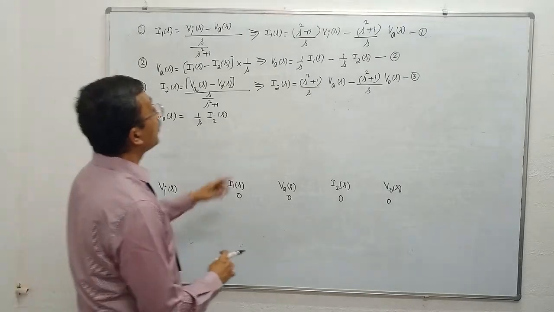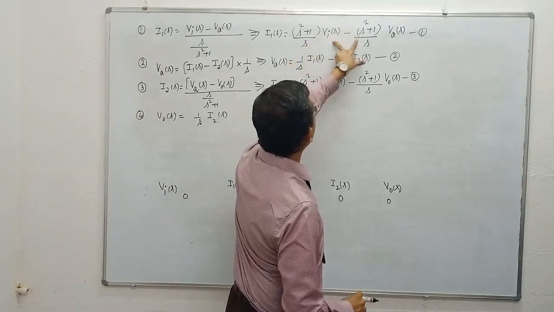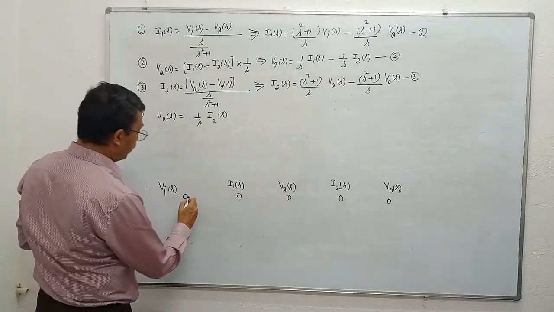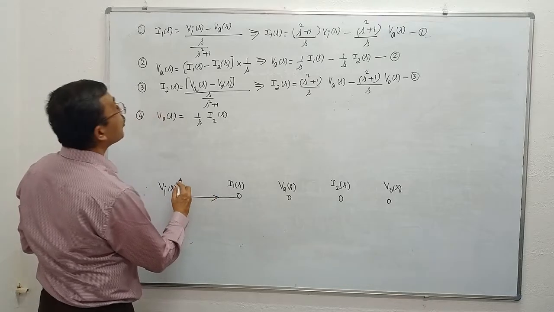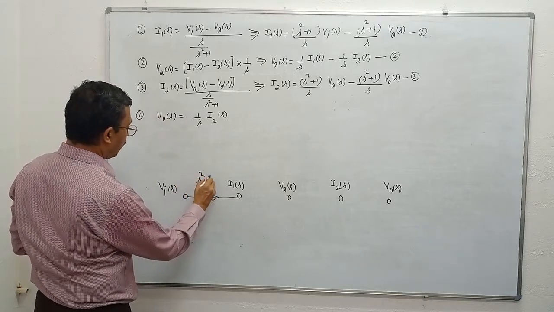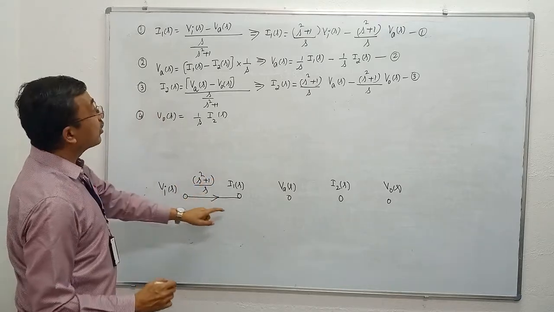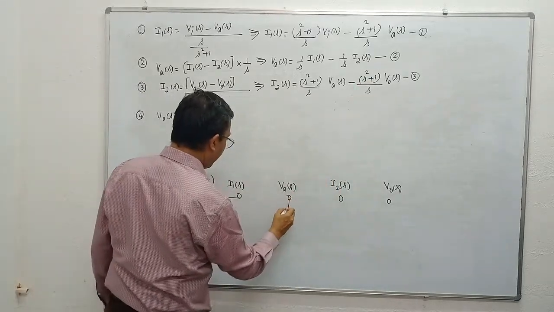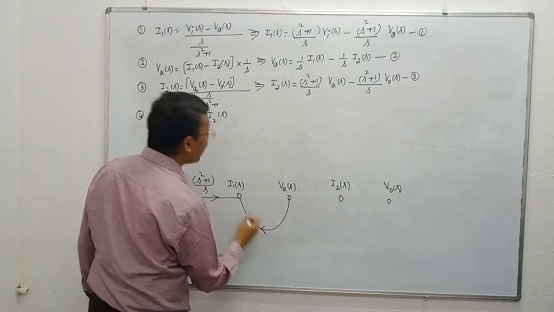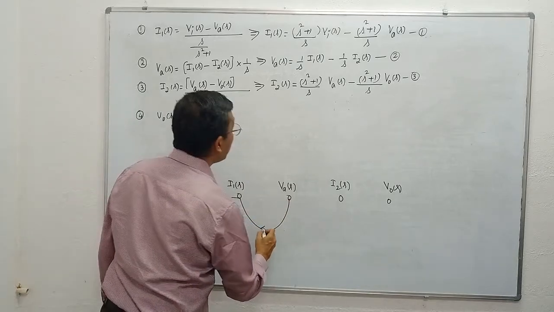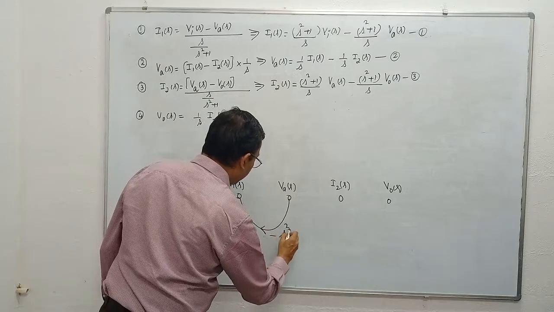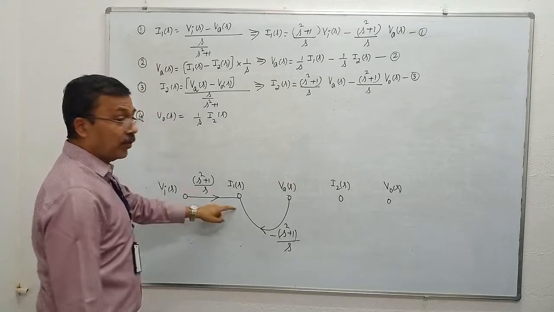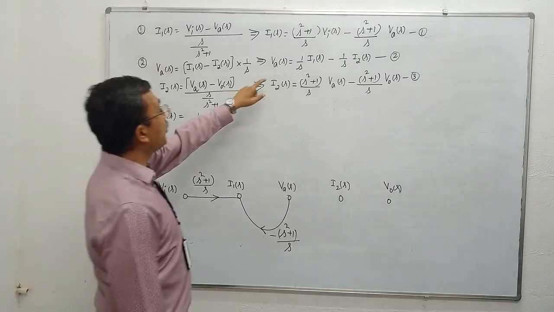Now take the first equation. These two terms represent signals that have to enter the node I1 of S. So Vi of S multiplied by S square plus 1 divided by S should enter I1 of S. Next, VA of S multiplied by minus S square plus 1 divided by S must enter the node I1 of S. Next, come to equation 2.